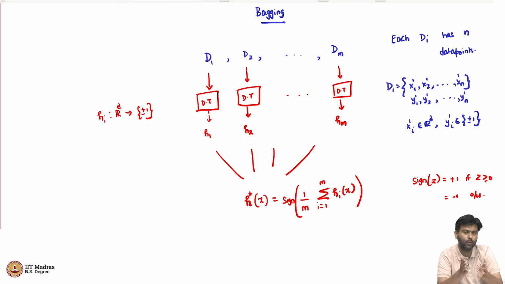So, basically what we are doing then is, if we had access to m independent training sets, then you could average the decision trees or the learners that you get from each of these independent data sets to come up with an aggregate classifier.